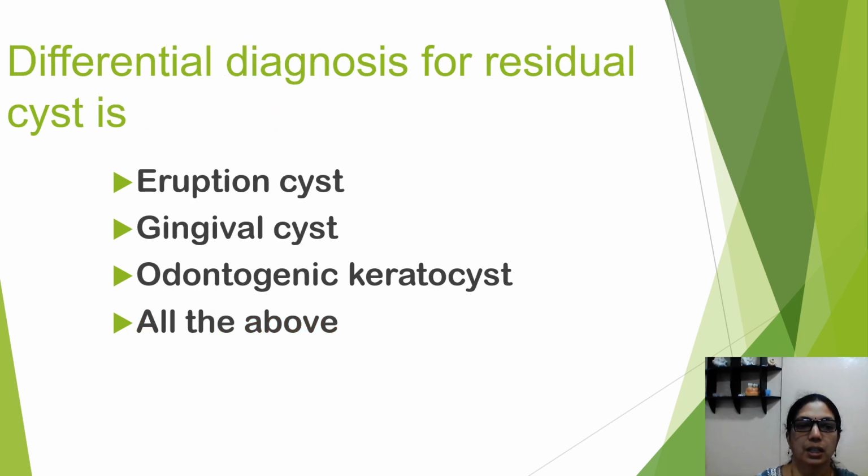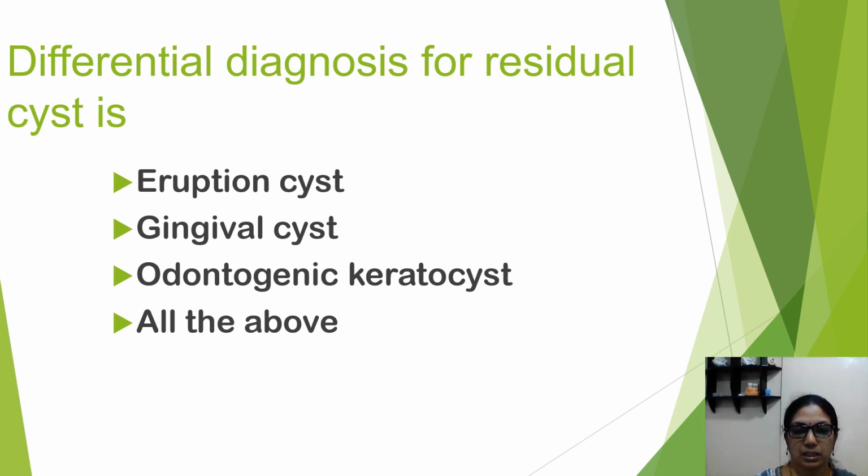Next question is, differential diagnosis for residual cyst is. Residual cyst means after even the tooth is extracted, the radicular cyst will remain within the jaw bones, and that particular cyst which is not associated with any non-vital tooth is called a residual cyst. It is a form of radicular cyst only. So what is the differential diagnosis for this residual cyst?